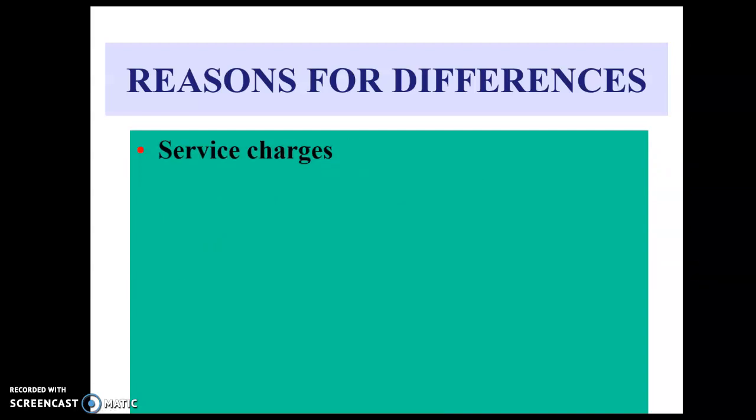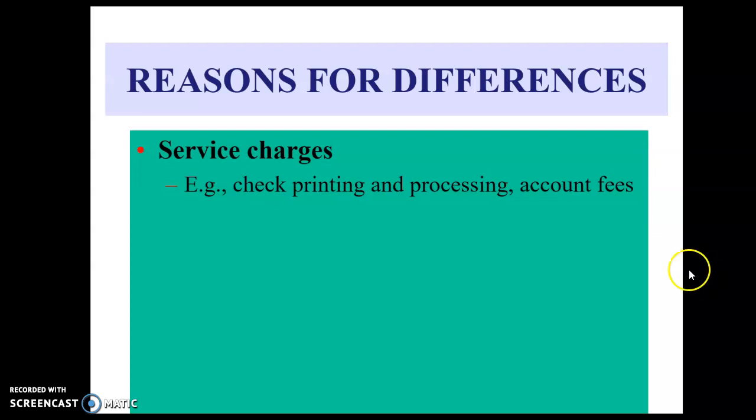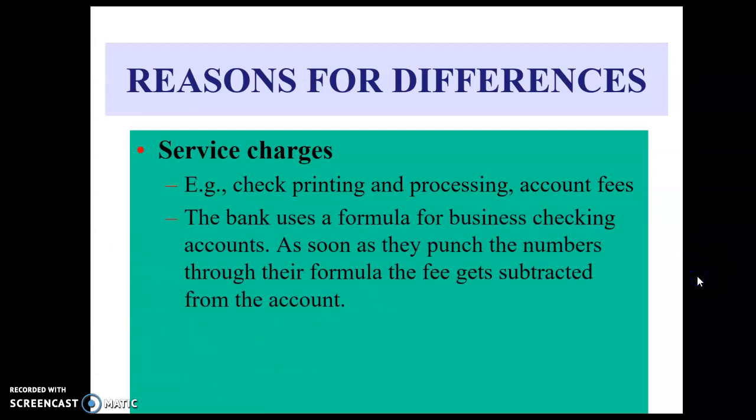Service charges are what the bank charges us for a service. So if they need to print out more checks for us, various monthly fees, etc. Typically for a business, the bank uses a formula, and the formula is based on how much activity we have. How many deposits are we putting in? How many checks and electronic transfers are coming out of our account?